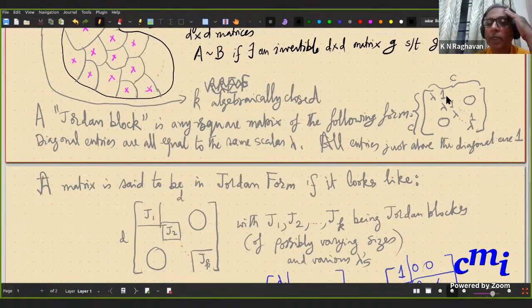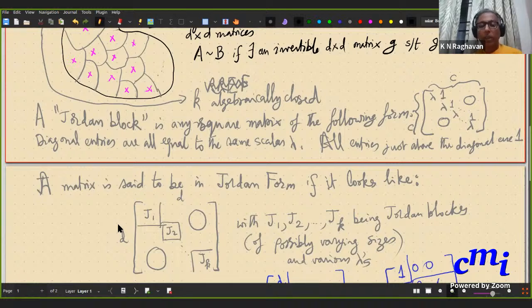Maybe it's difficult for me to get 1, 1, 1, 1 on top of the diagonal, but at least I have lambda on the diagonal. So if I do not insist on the 1s to begin with, but only the lambda on the diagonal, can I get it?